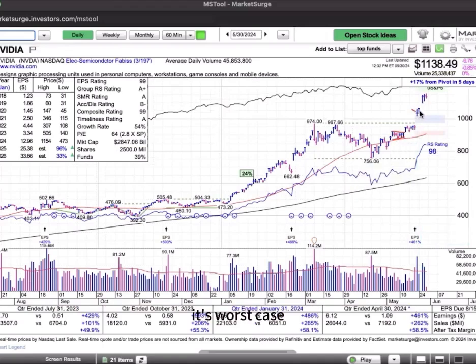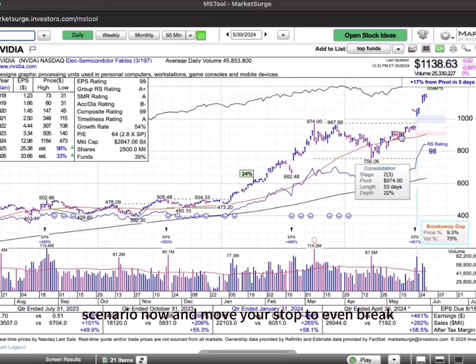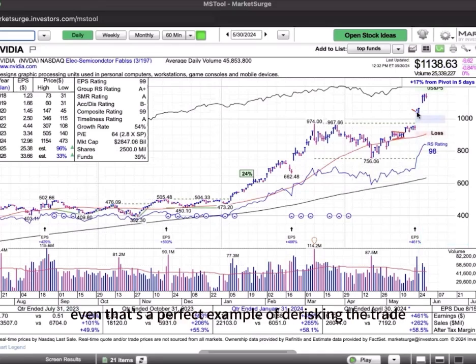It's worst case scenario now, and you move your stop to break even. That's a perfect example of de-risking the trade. There's no more risk as far as we're concerned, because we've booked enough profits to ensure that the net is going to be a profit or a break even at worst, meaning the risk is gone, it's de-risked.